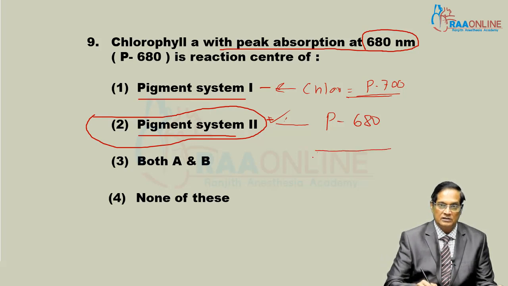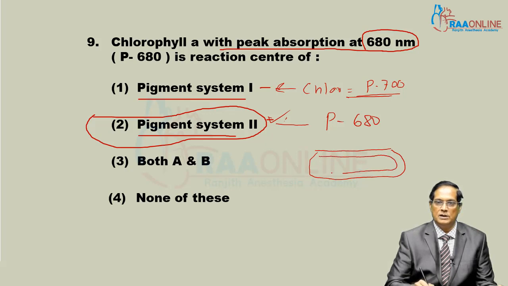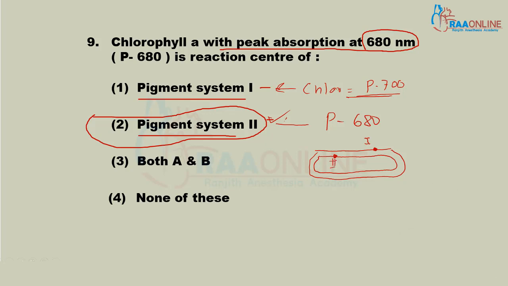If we see the thylakoid structure, thylakoid is a membrane bound structure. Pigment system 1 is towards the upper side of the membrane, whereas pigment system 2 is towards the lower side.